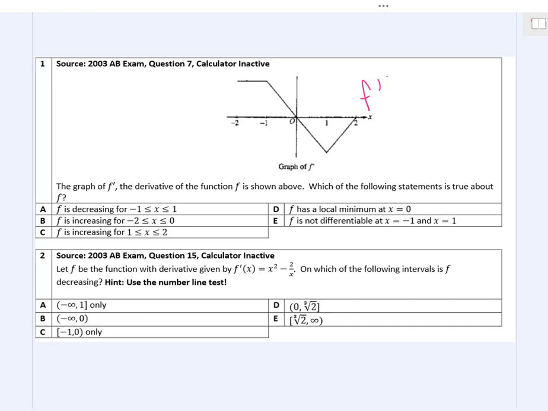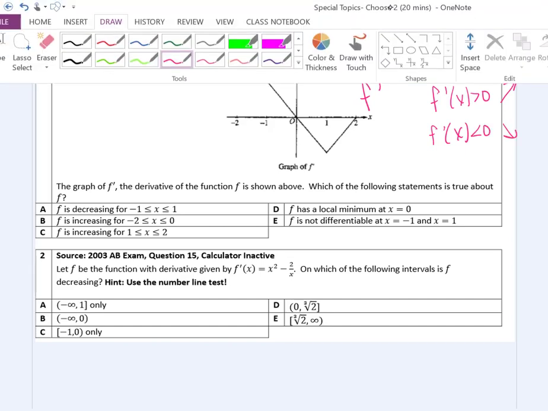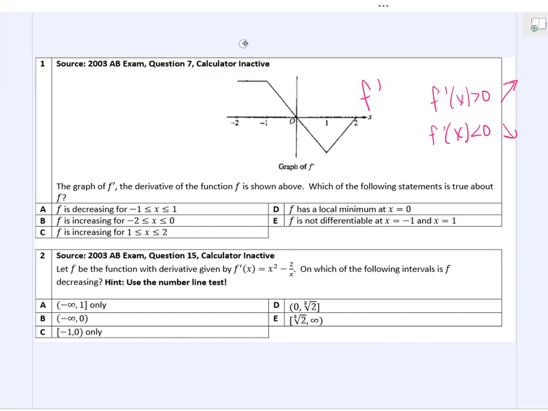Now, I know from earlier that the derivative tells us if it's increasing or decreasing. So I'm just going to write that down over here to the side. Remember, f prime of x is greater than 0, it's increasing. F prime of x is less than 0, then it's decreasing. So it looks like I'm going to highlight in green. We are positive all the way to 0, so that means we're increasing.